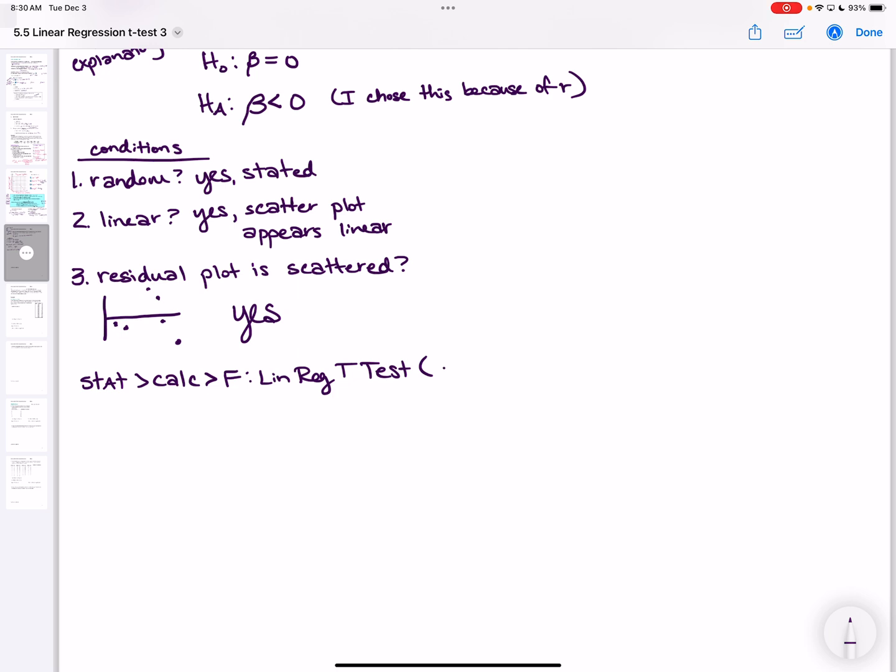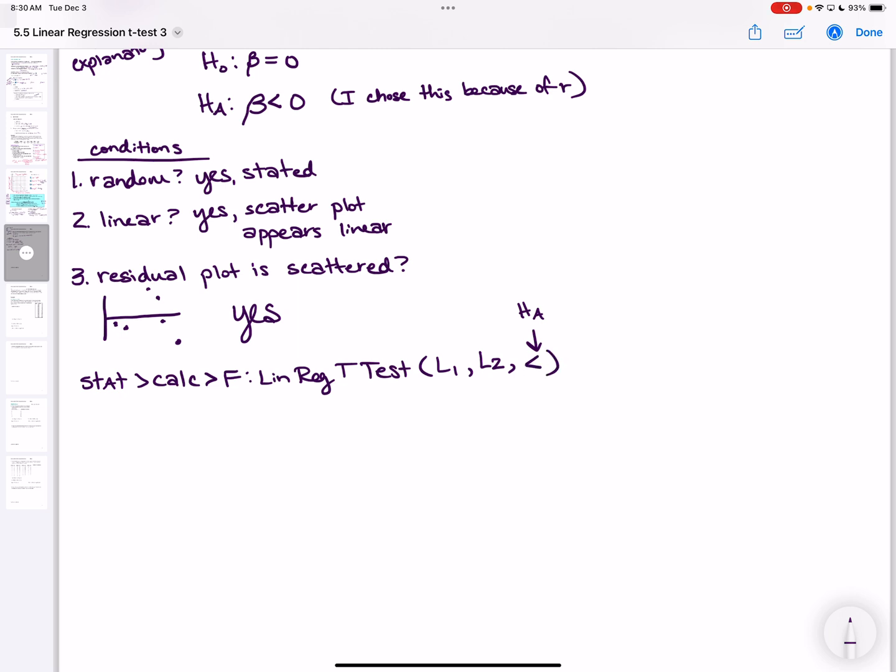Your x's are in L1. So make sure it says L1. And then your y's are in L2. Don't get caught up on the residuals. You only use L3 for the third condition. Nothing else, okay? And then, what symbol is in your alternate? Because that's what goes here. Look at my alternate. I chose less than. Good. And then you run the test.